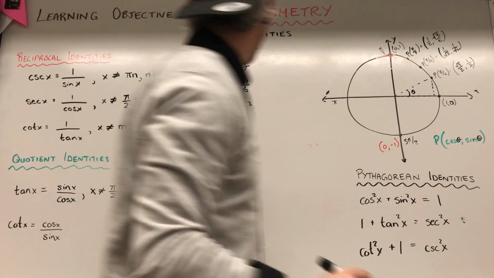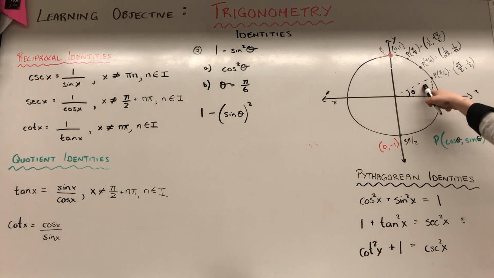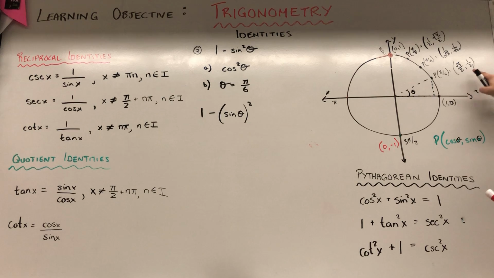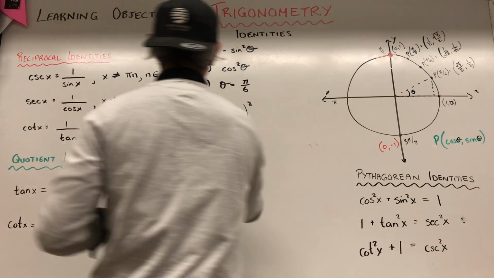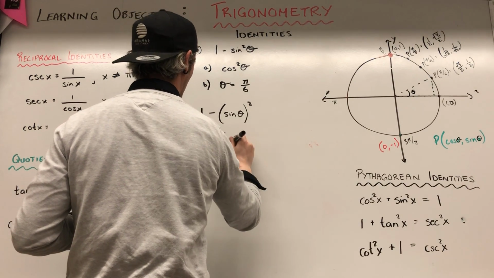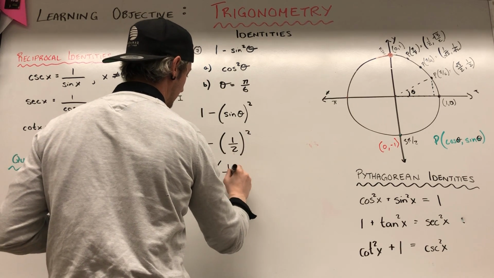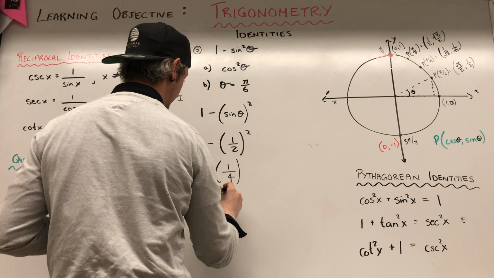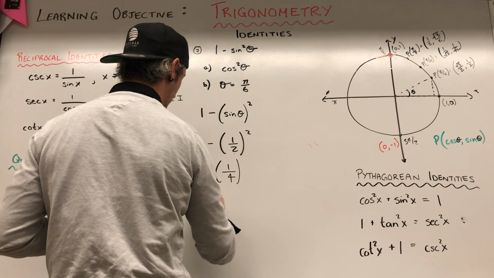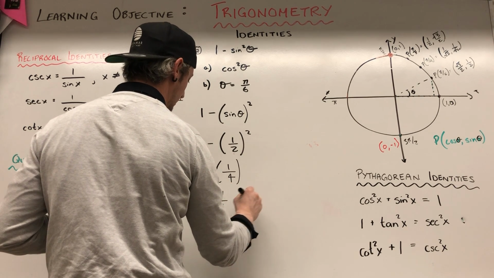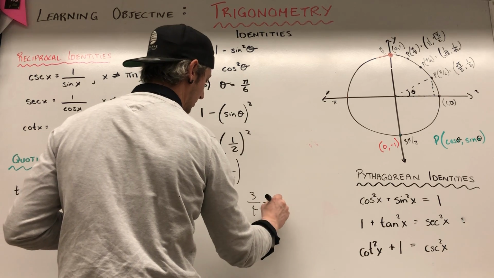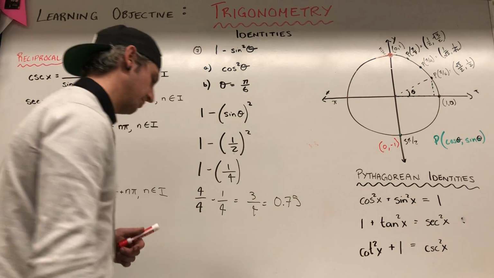Okay, so what's sine at pi over 6? Sine is my second coordinate, it's 1 over 2. So this is the same as 1 minus 1 over 2 squared, or 1 minus 1 over 4, which is 4 over 4 minus 1 over 4, which is 3 over 4, or 0.75. That's B.